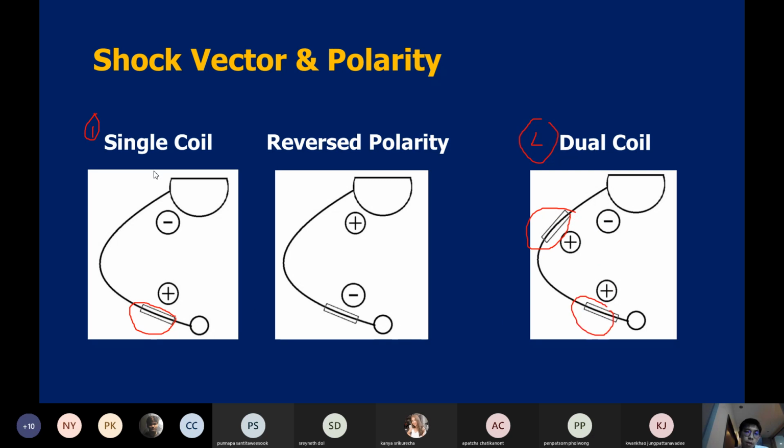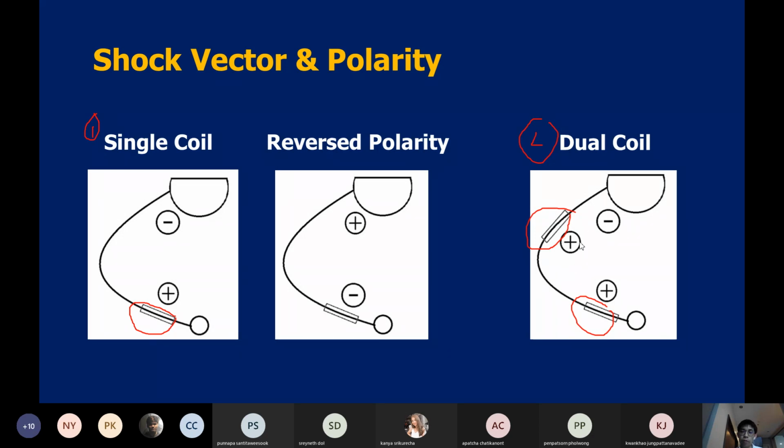The single coil uses the vector from the coil to the pulse generator, with reverse polarity: the positive polarity is on the pulse generator, and the negative is on the coil.